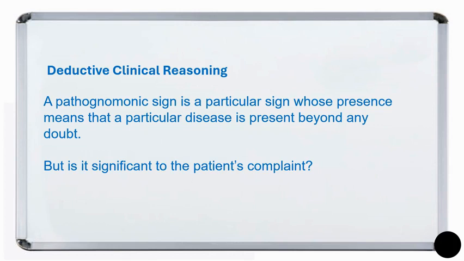But it takes us to another point, because you know the person has gout, it doesn't mean to say that gout is the cause of the patient's symptoms, or is even contributing to the symptoms or an etiology of those symptoms. So while deductive pathognomonic signs are deductive, that is, they are not probabilistic, they may not be relevant. So don't get caught up in the fact that you've got some really good signs.